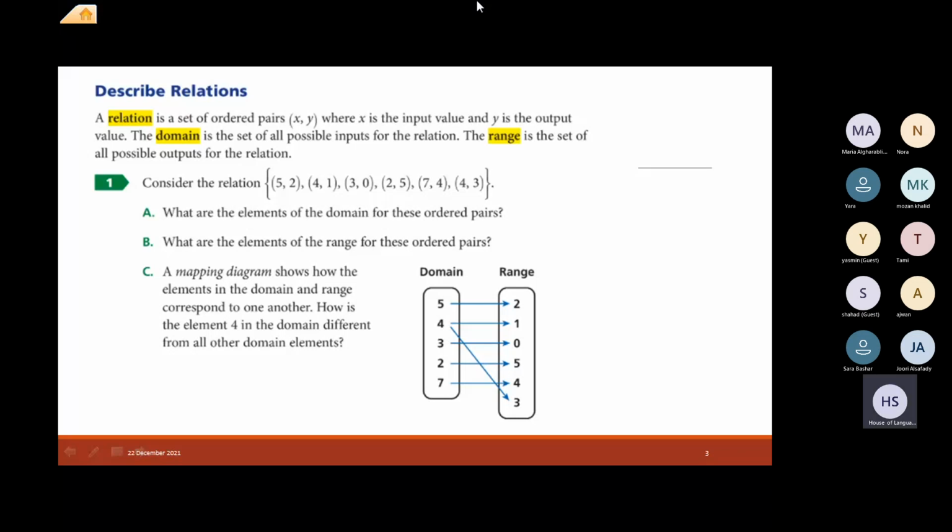Now let's see. We solved A. What did we say for the domain? They are the x values.